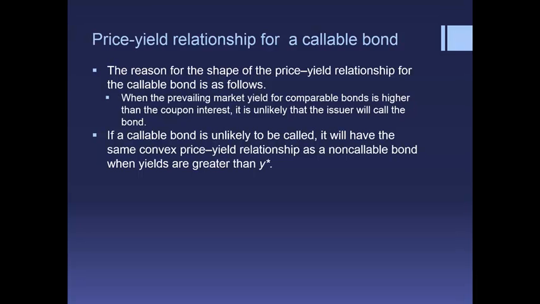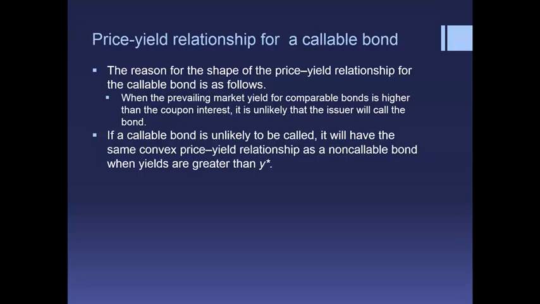Now, if a call is unlikely, then there will be a convex price-yield relationship. Now, this is true, for example, of the bonds that have been issued in this low interest rate environment. Interest rates have remained low. These bonds were issued when the interest rate was low, and they're going to exhibit a convex price-yield relationship, because generally interest rates won't get any lower than they are.